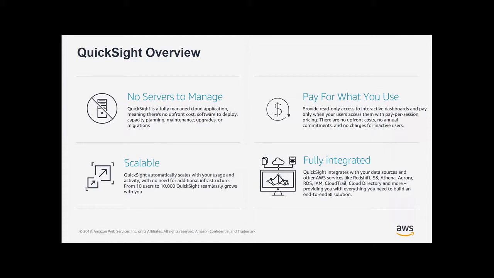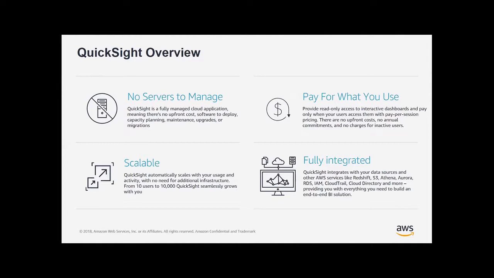What serverless means is that you don't need to choose how many nodes you want to configure, say, to support 1,000 users or anything like that. You simply sign up for the service, you can add your users, connect to your data, build your reports, and we take care of all the infrastructure behind it. So you never have to plan for upgrades or perform maintenance. All that's taken care of.